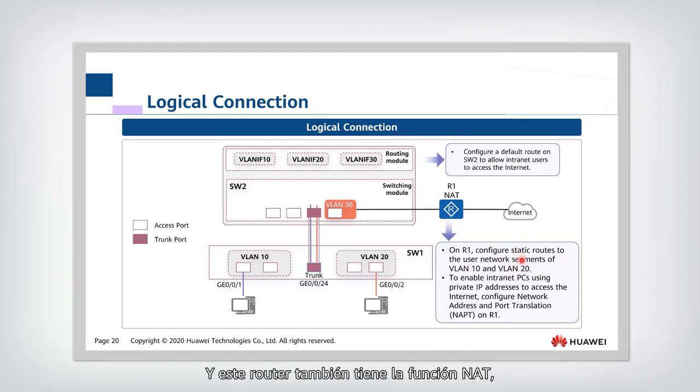Okay, and then this router also has the NAT function. NAT means network address translation. This technique is used to solve the shortage of IP addresses.